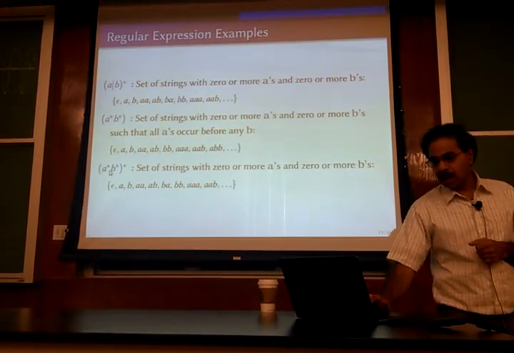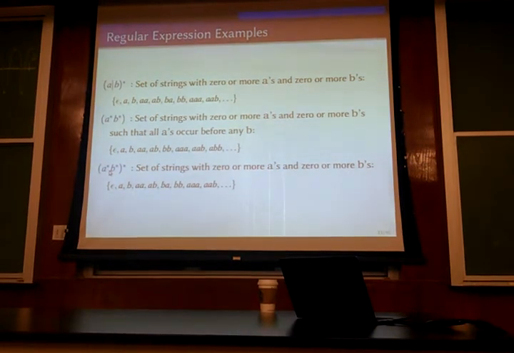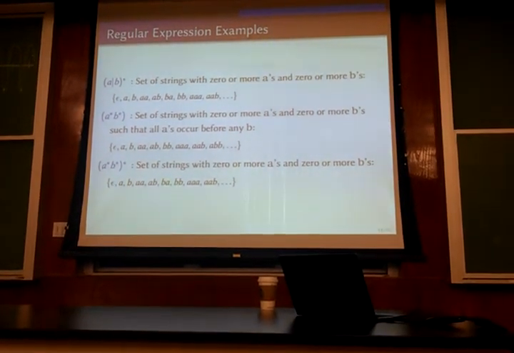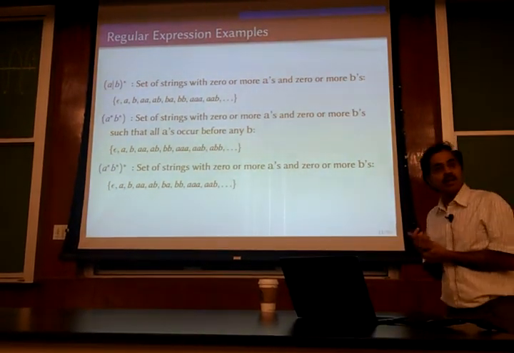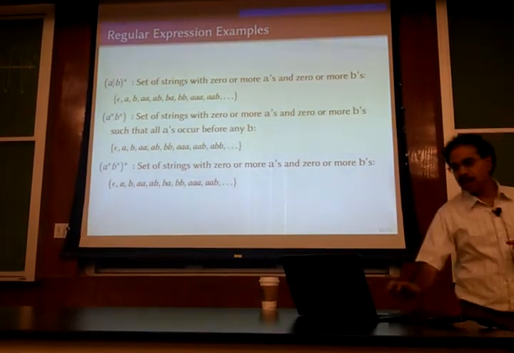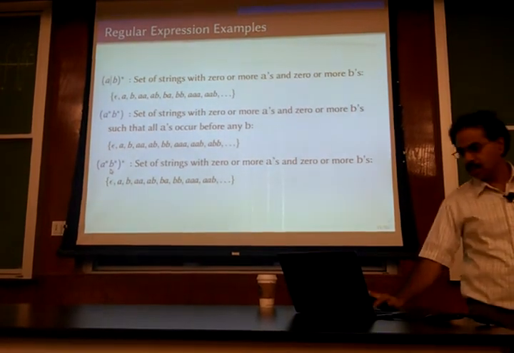Okay? However, if you put another star outside, then you can see that now A's don't have to appear before B's, right? And you can repeat A's and B's in any fashion between A's and B's. In this case of (A star, B star) whole star, right? Because you can do this.